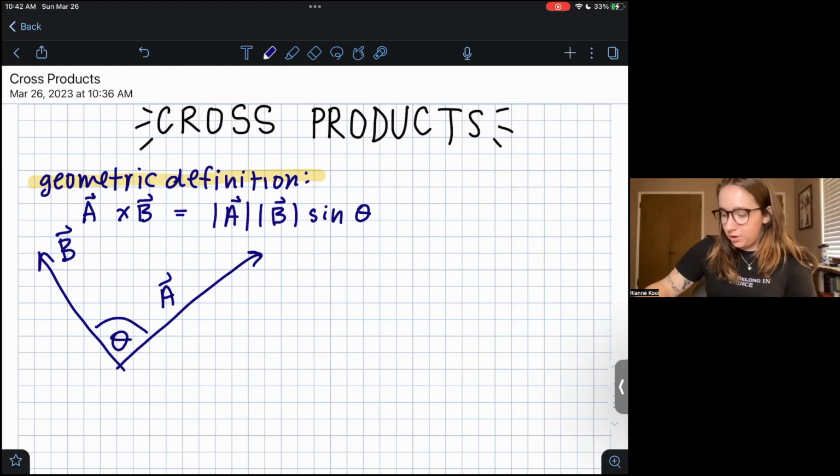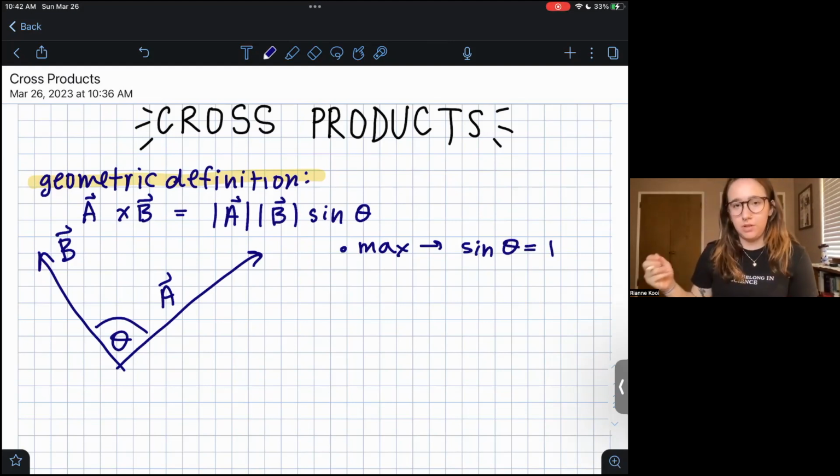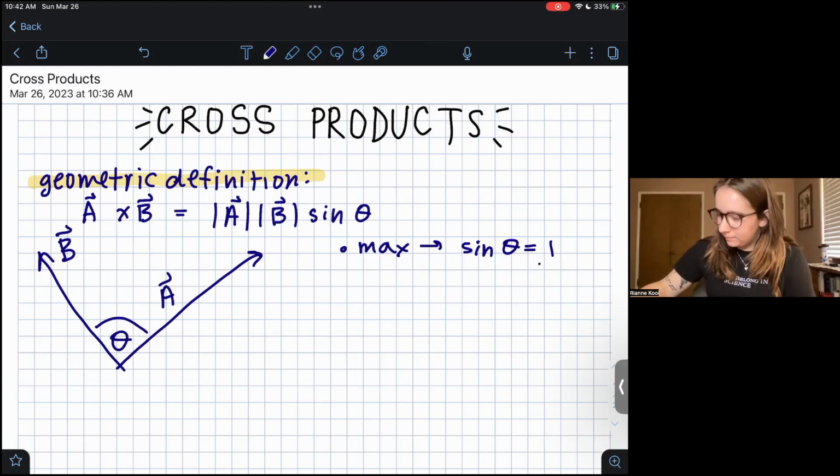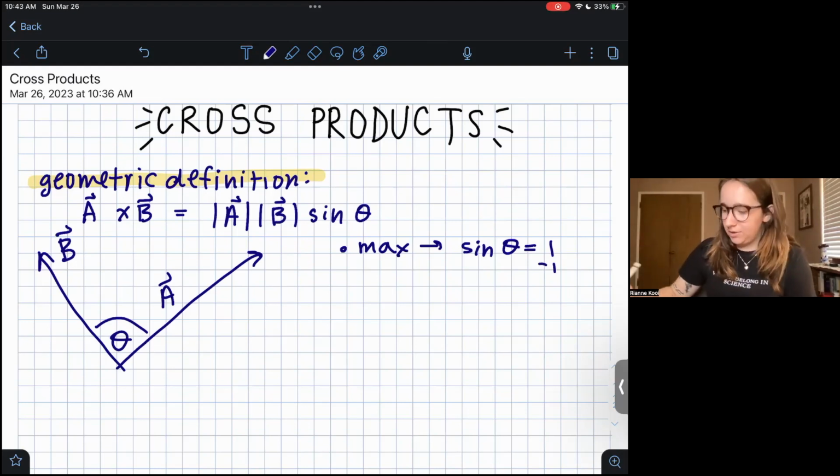So important things to note, this has a max value, and that occurs when sine of theta is equal to 1. You can imagine on your unit circle, when sine of theta equals 1, that is when it would be at a maximum, or a -1, that's when it would be at a minimum, or it could be 0.